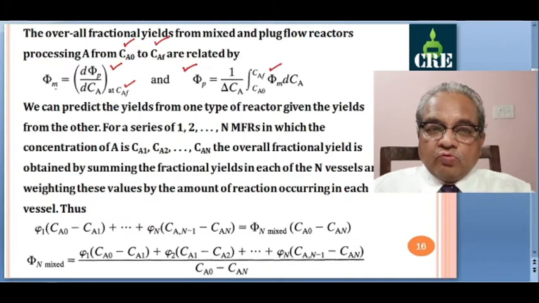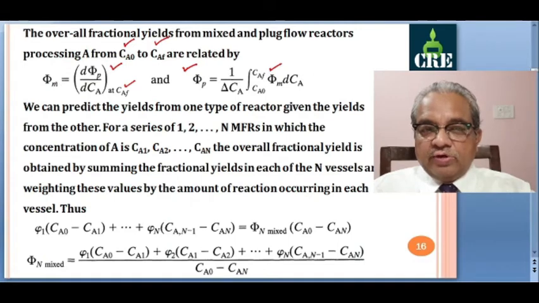Phi m is the derivative of phi P at these conditions, so phi P will be the integral of phi m, evaluated at exit conditions, and for plug flow it is the complete range Ca0 to Caf.